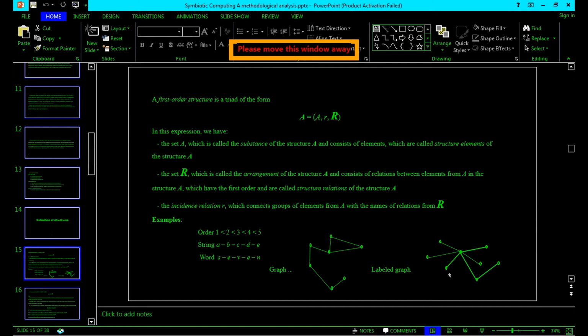My computer does not give the whole picture because actually everything is green. These edges have different colors, and colors represent labels on these edges.